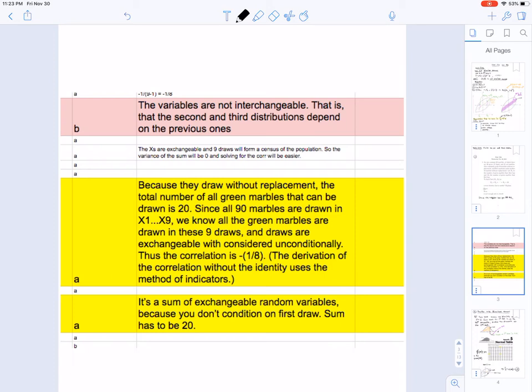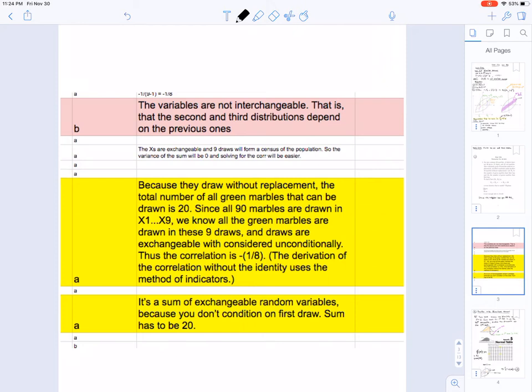Let's read below. Because they draw without replacement, the total number of all green marbles that can be drawn is 20. Since all 90 marbles are drawn in x1 to x9, we know all the green marbles are drawn in these 9 draws, and draws are exchangeable when considered unconditionally. Thus the correlation is -1/8.